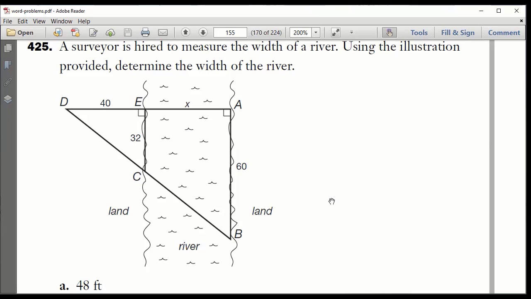Yes, sir, because the base is DE, and the height is CE. So if you know the area of the small triangle and the area of the big triangle, can we get the area of the river or not? We can get, sir. So we'll get the area of the whole river which is shown in the triangle. Then what she said is correct.